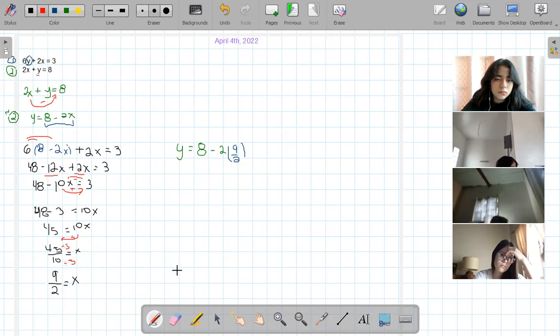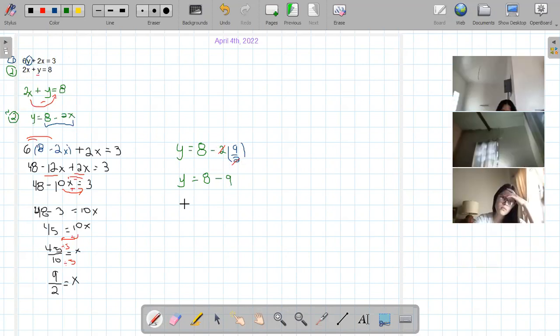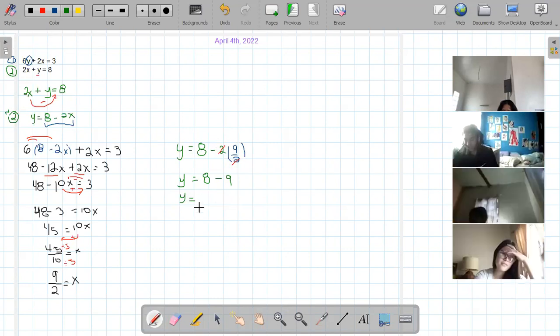Now remember cross simplification? I have a 2 in the numerator and a 2 in the denominator, so they cancel out, they actually become a 1. So I get that y is equal to 8 minus 9. How much is 8 minus 9? Negative 1.